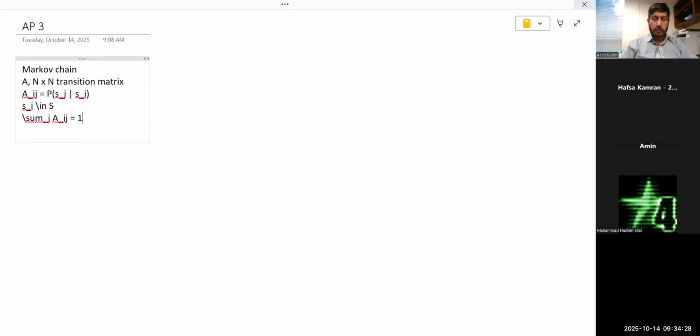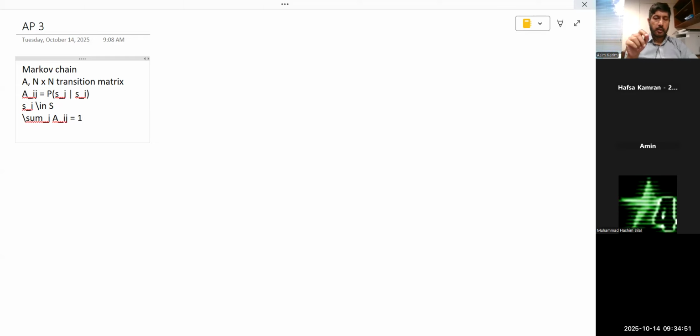If you take the example of the web surfer or the web graph, this basically means that all the outlinks from a particular page i must have probabilities that sum to 1.